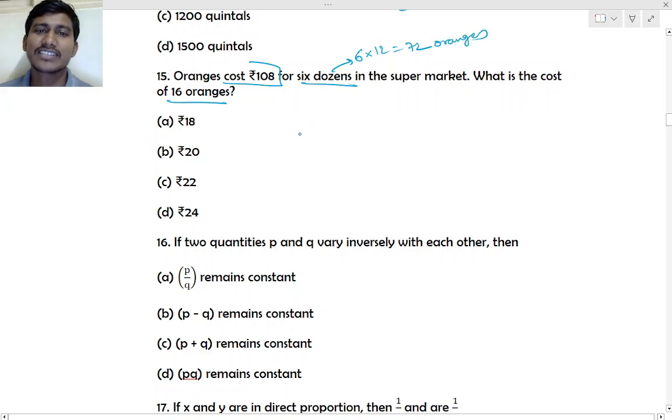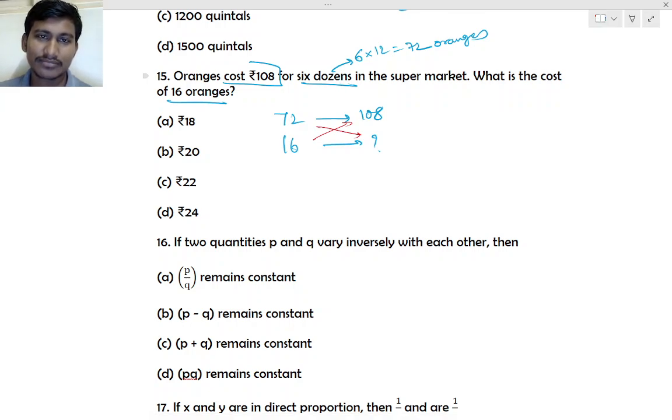So 72 oranges cost 108. So 16 oranges, how much? Cross multiply. 1 dozen means how much?